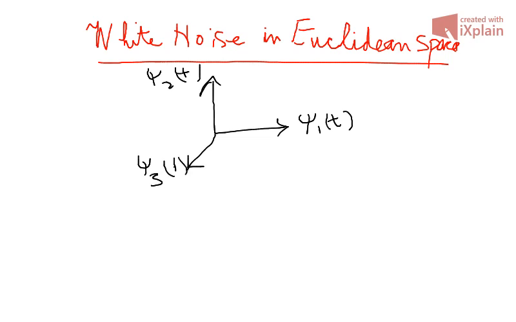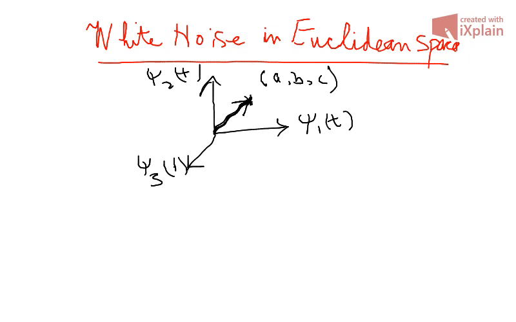And I mentioned earlier that any point in this three-dimensional space will have a vector with three components, for example a, b, and c. These three coordinates a, b, and c represent the image of this position vector on the x-axis, y-axis, and z-axis.